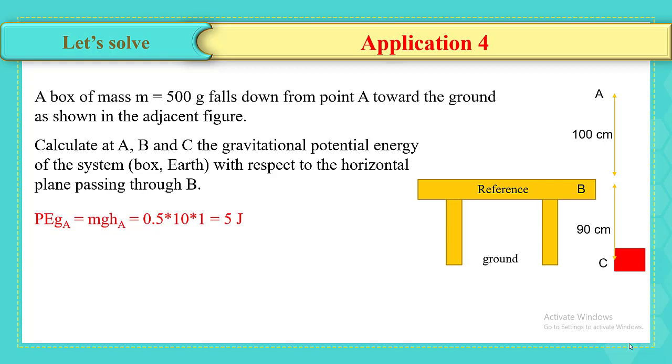So the gravitational potential energy at point A is equal to 5 joule. The gravitational potential energy at point B is equal to 0 since the height of the box at this point is equal to 0. And the gravitational potential energy of the box at point C is equal to minus mgh_C, which is equal to minus 4.5 joule.